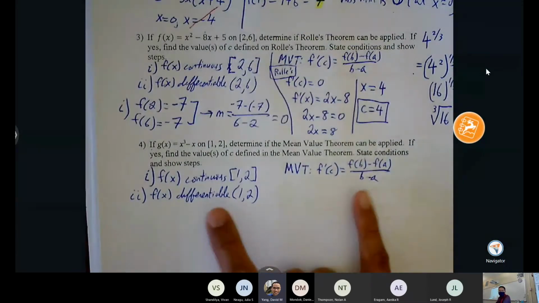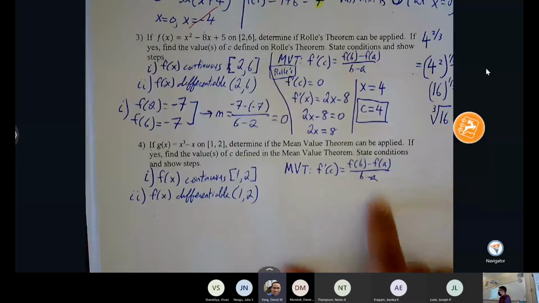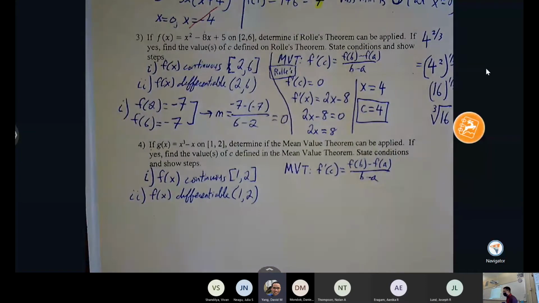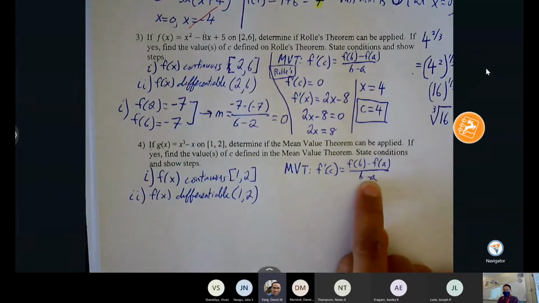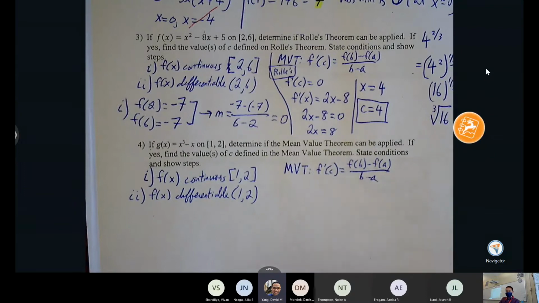Okay, so where would you start? Plug in 1, 2. Good. Plug 1 and 2 into the function, right? Yeah. Let's figure out what slope we can guarantee, and then we can use the derivative to find the location of that slope.